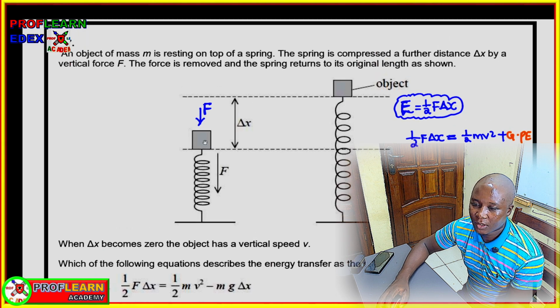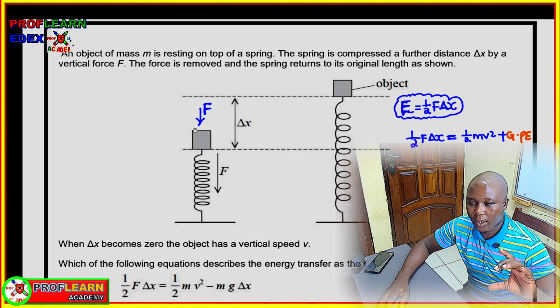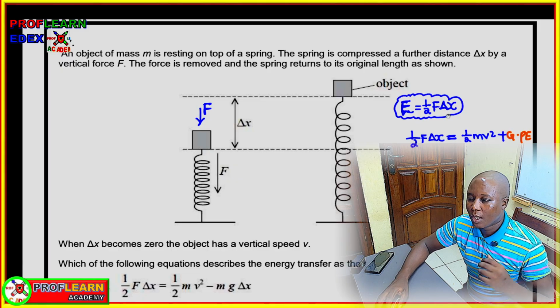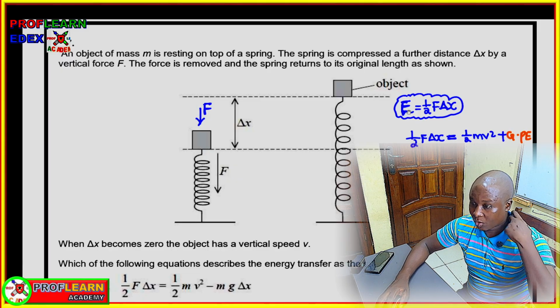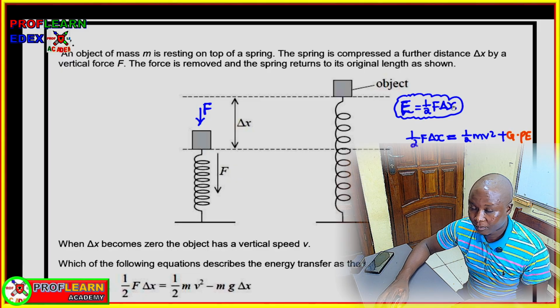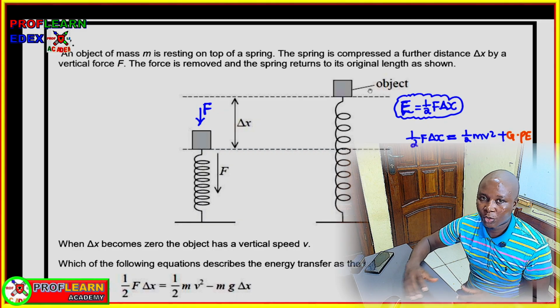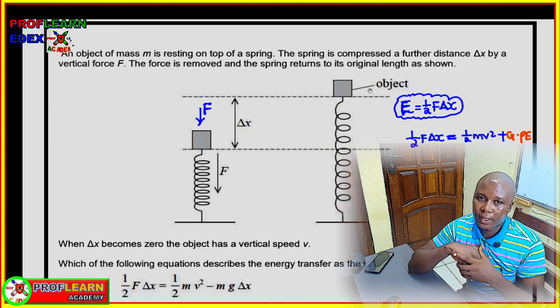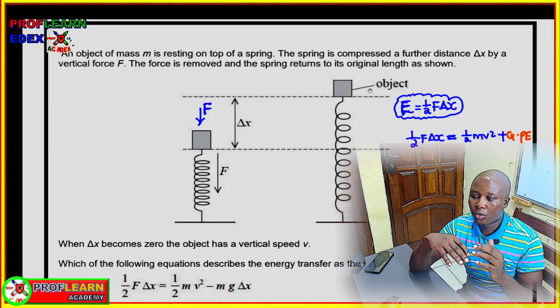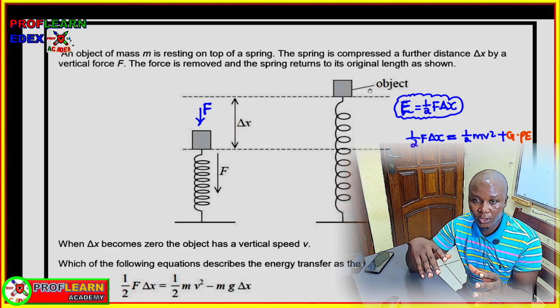Remember, when the spring is compressed, it gains elastic potential energy, and elastic potential energy is ½ F delta X. This elastic potential energy is converted to kinetic energy, and at the same time to gravitational potential energy.